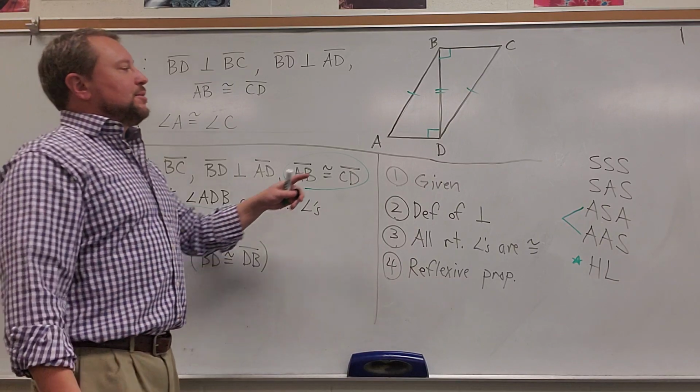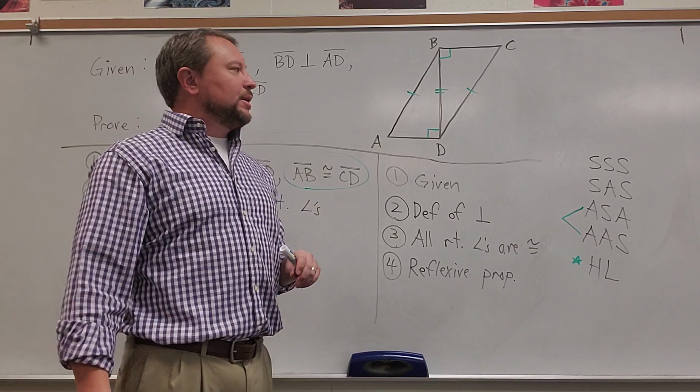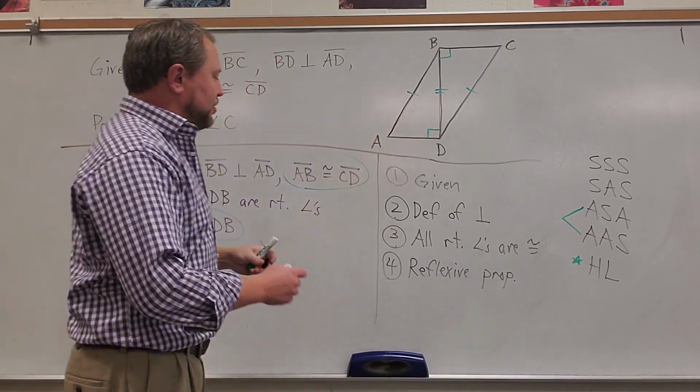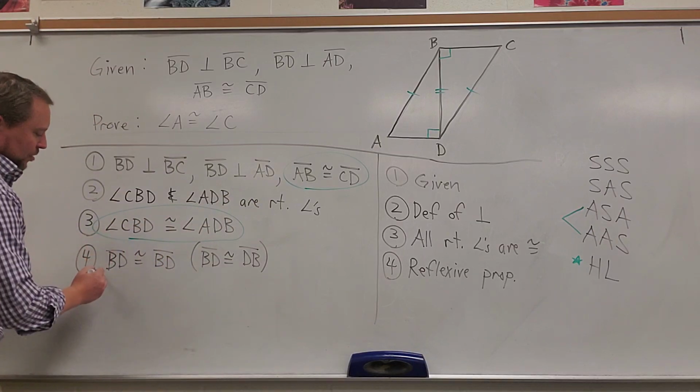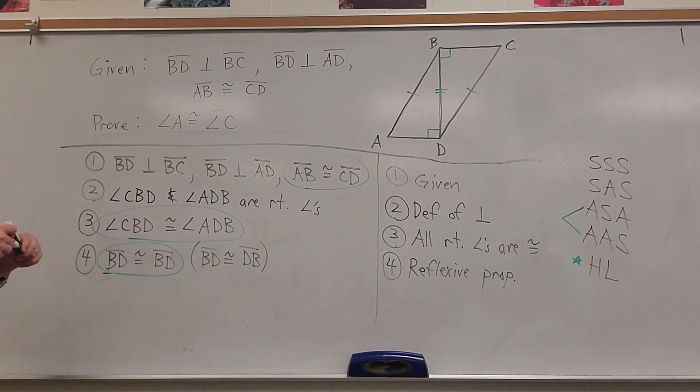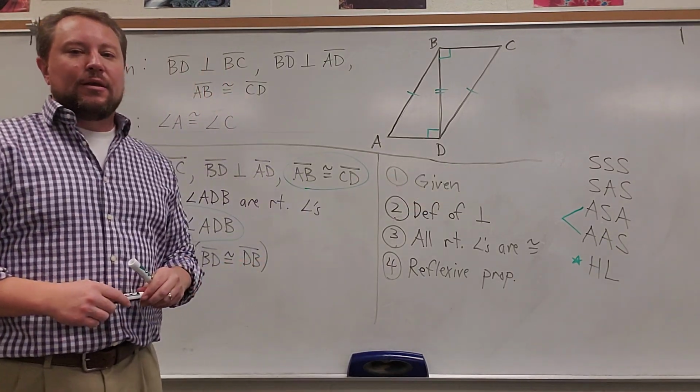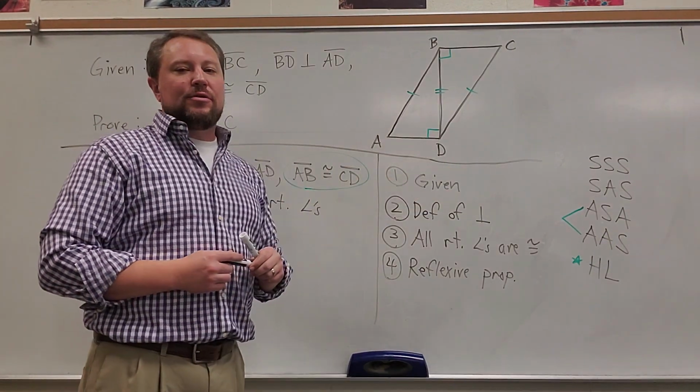All right, but that gives us enough now to prove the triangles congruent, because I see I've got 1, 2, 3 parts congruent. I have it in my proof as well. 1, 2, 3 parts congruent. So all I have to do is determine which shortcut. When I look at my picture, remember that gives it away.